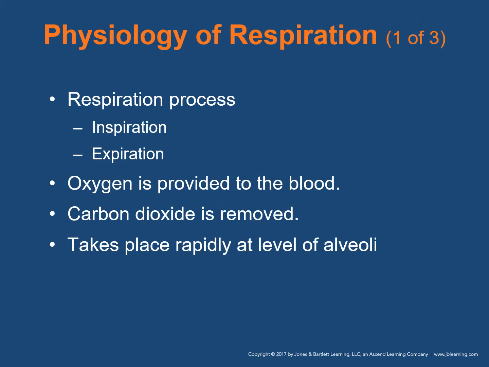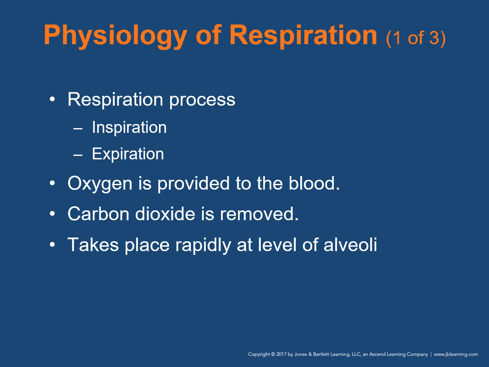Okay, and we've already mentioned this, but the two processes of inspiration and expiration as we inhale and exhale. The oxygen and carbon dioxide diffuse based on that concentration gradient, from a higher level to a lower level.